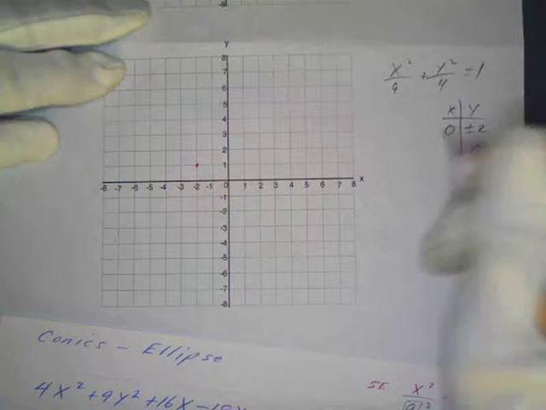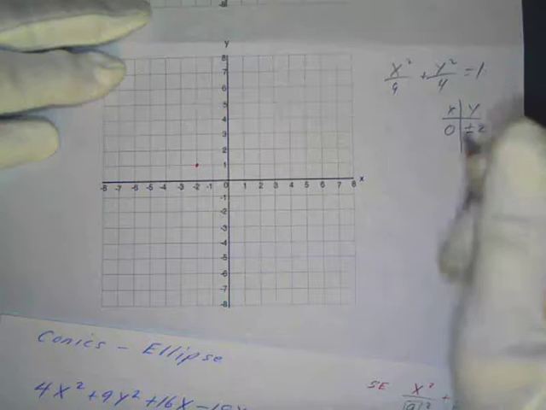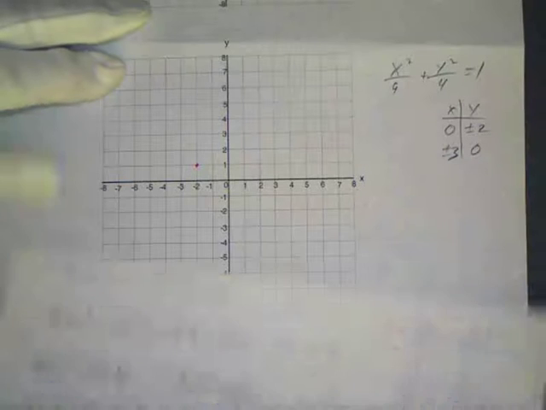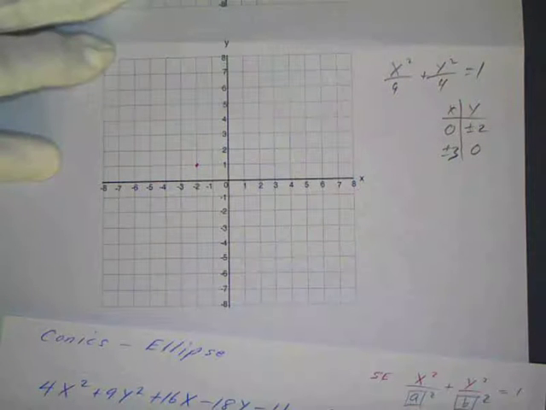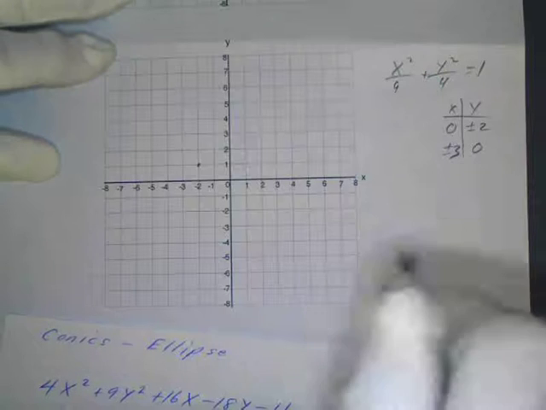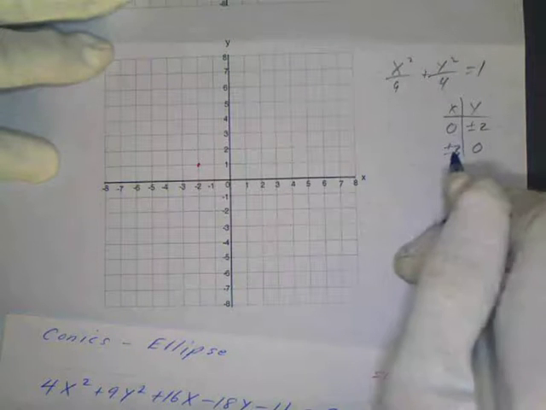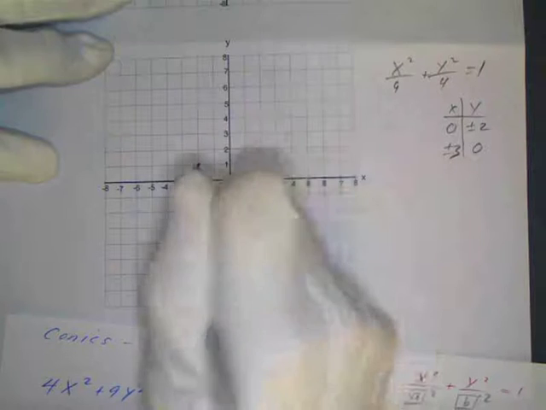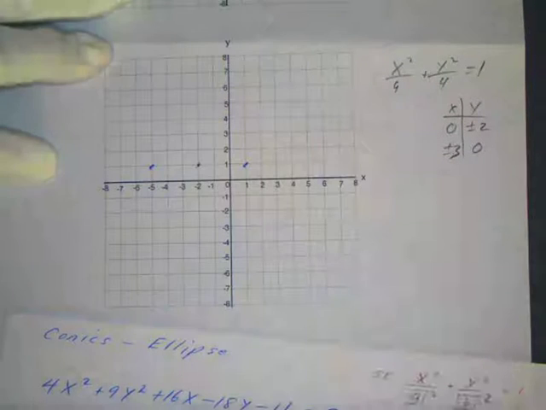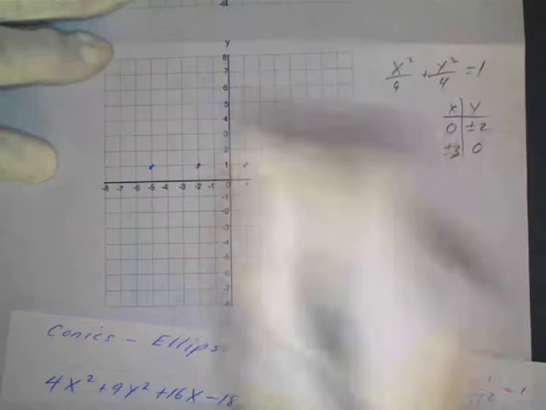And when y is 0, x squared over 9 equals 1, so x equals plus or minus 3. So those are my vertices or my intercepts. When y is 0, x is plus or minus 3, so I go 3 over here, and back 3. And when x is 0, I'm going to go plus or minus 2.